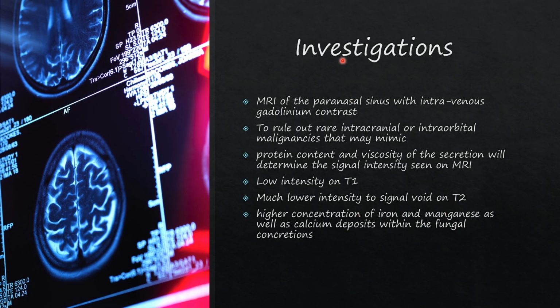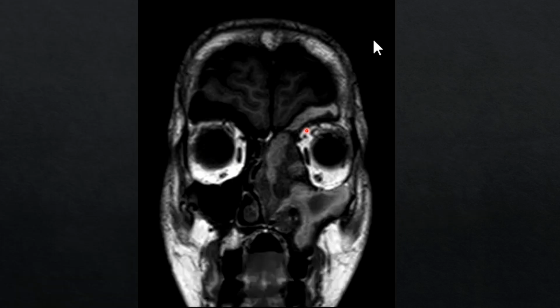So basically you will be seeing some lesion in a specific area, and when you shift from T1 to T2, that lesion will be absent. Okay. You can also see some concretions that have high iron and manganese, like we were talking before. But this signal void is very important. So first that lesion is present, then that lesion is absent. Don't worry, I will show it to you.